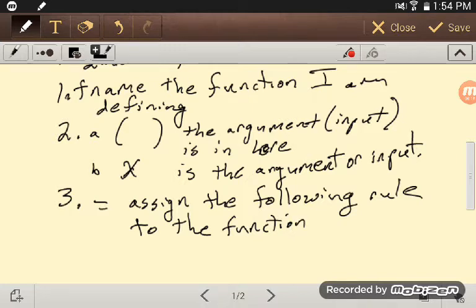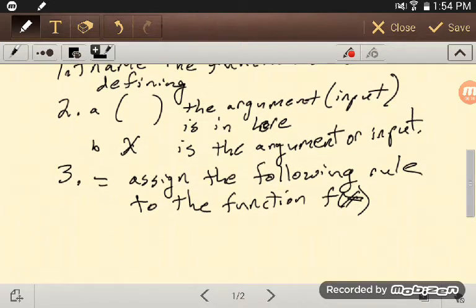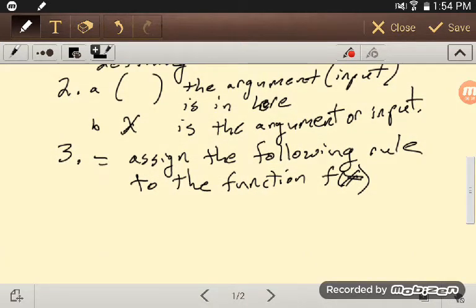In this case it's f of x. If it had been named something different or had a different argument, I'd have put that there. So that equal sign is not equals in the usual sense. It's saying assign the following rule to the function f of x that we've named and given the argument.